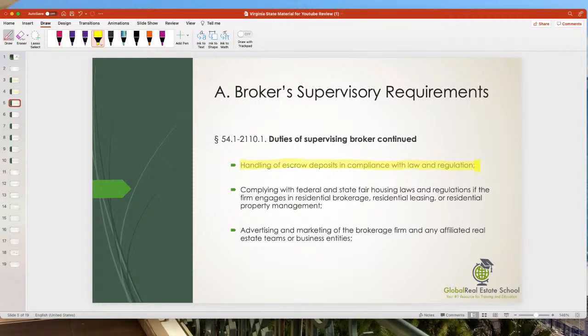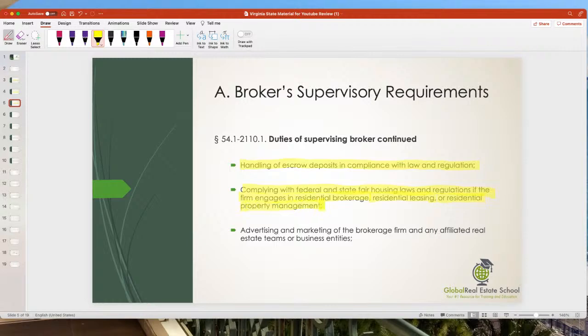We need to comply with all federal and state fair housing laws and regulations if the firm engages in residential brokerage, residential leasing, or residential property management.